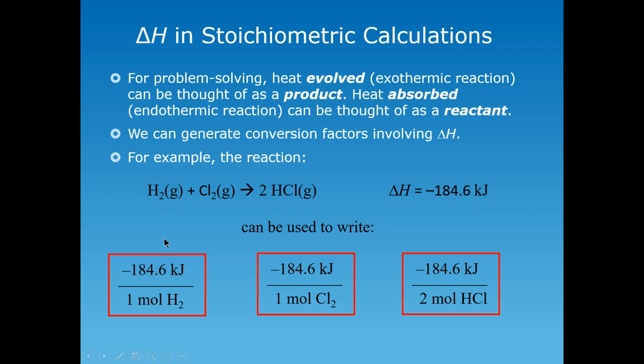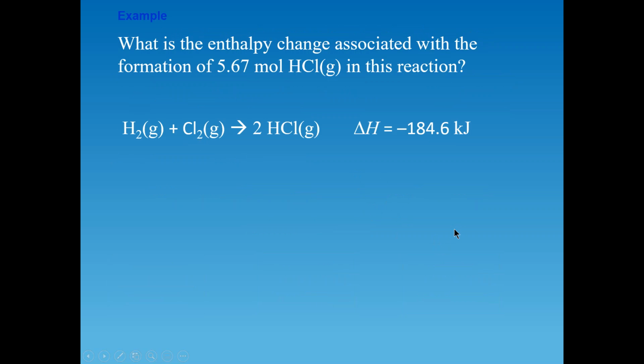So for example, one can write down the relationship between the enthalpy value and the moles of hydrogen, right? As shown here. You can do the same thing for chlorine. You can also do the same thing for hydrogen chloride. So we can basically treat the enthalpy change as a product or reactant, depending on whether or not the reaction is exothermic or endothermic, and treat it quantitatively in that fashion.